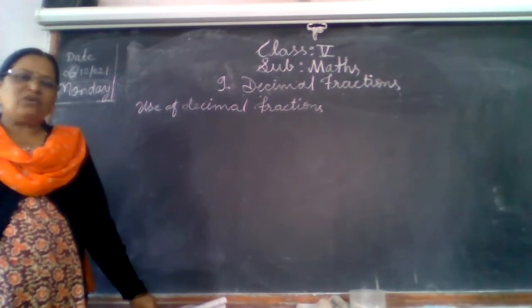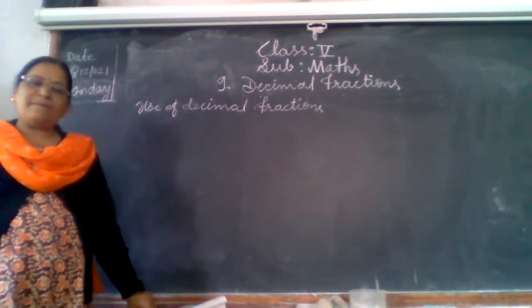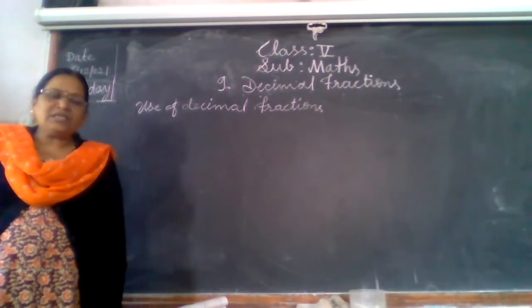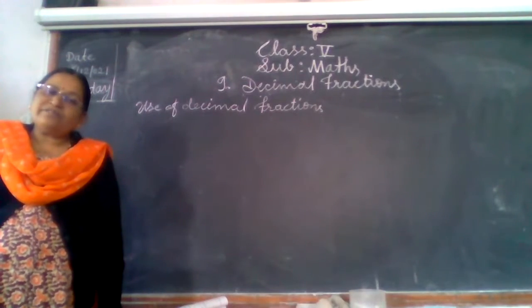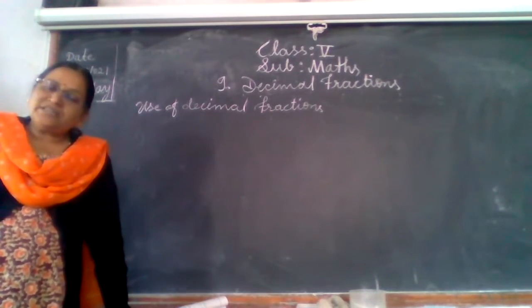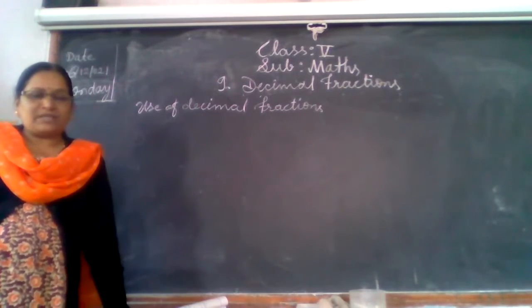See, where we need the whole number and fraction both. For example, rupees. If the cost of any object is 38.50 or 38 and 50, so how will you write it? 38 is the rupees and 50 is the paise.